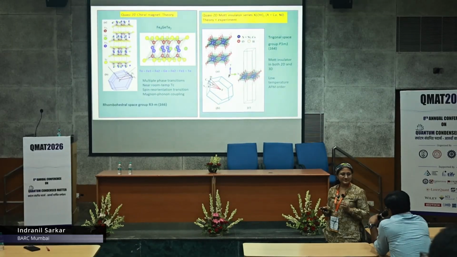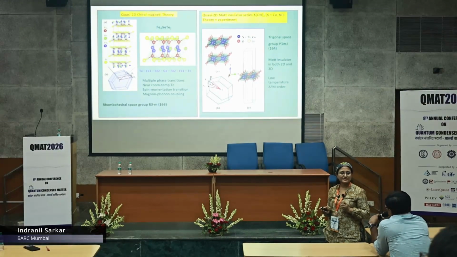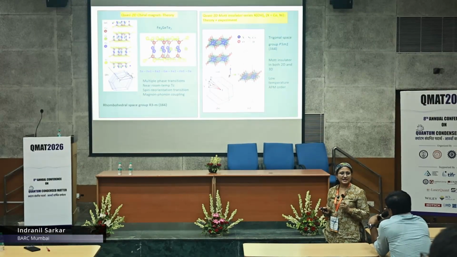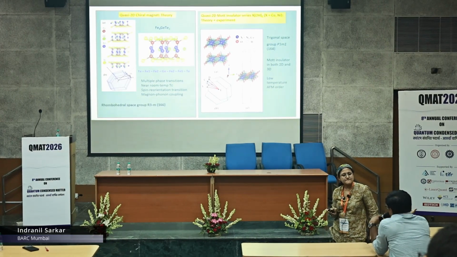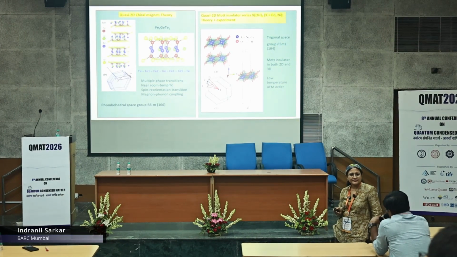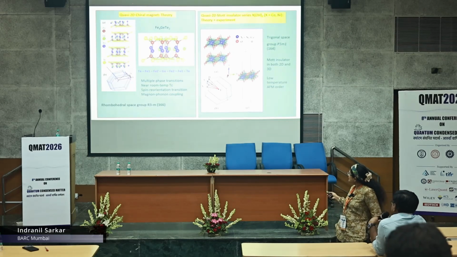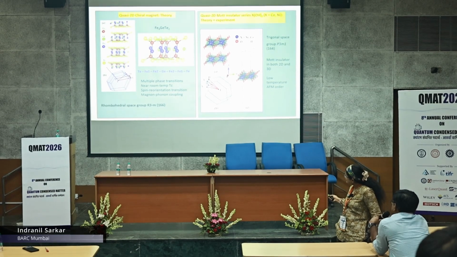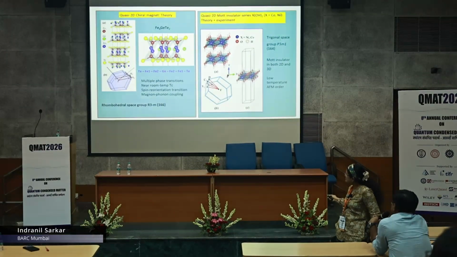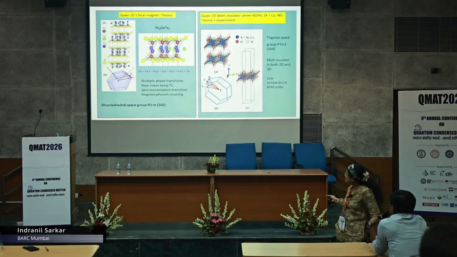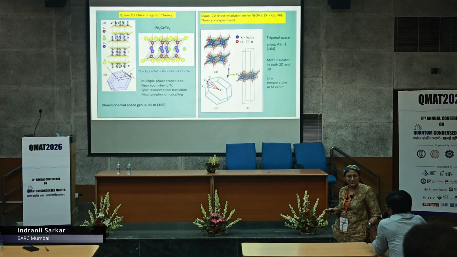Then above this 3D magnetic ordering temperature, have you seen any 2D effect? Because the exchange is strong within the plane, it should show some kind of correlation within the plane. Mostly the exchanges are very important within one such stack. From one stack to the next, there is one order of magnitude difference.